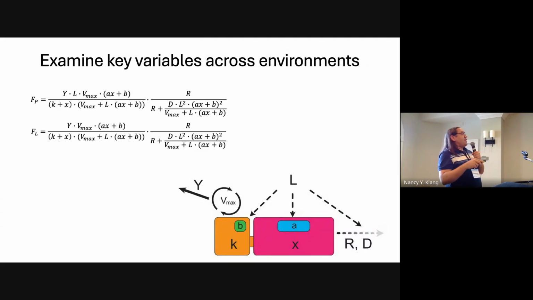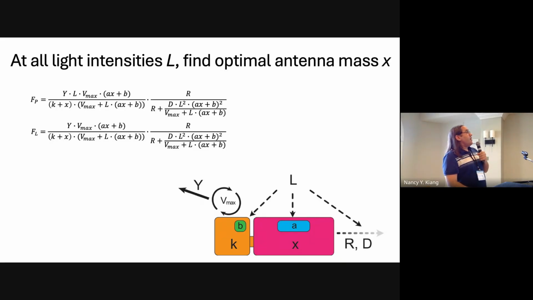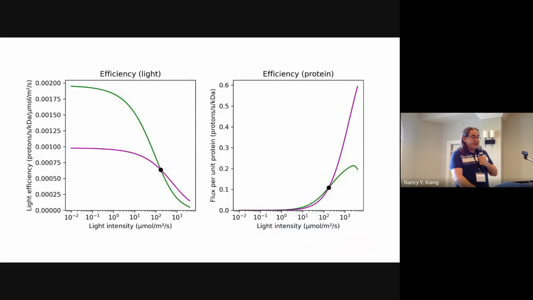So you can examine the 2 variables that I think are really important, the flux per unit protein and the yield per unit resource, across different light levels. At each light level, I find the optimum antenna mass X in terms of maximizing these variables. Here you've got light intensity across many orders of magnitude, up to about direct sunlight at the equator.